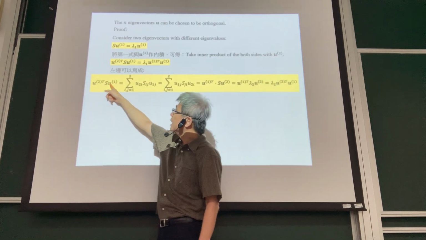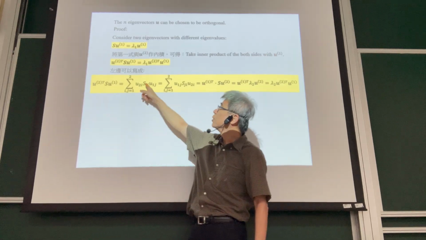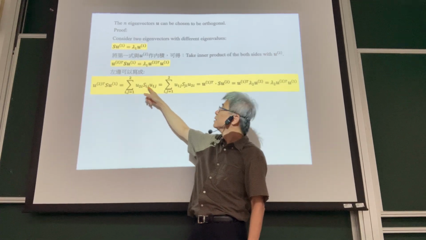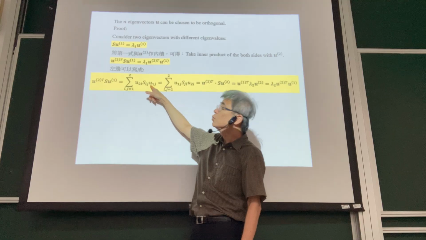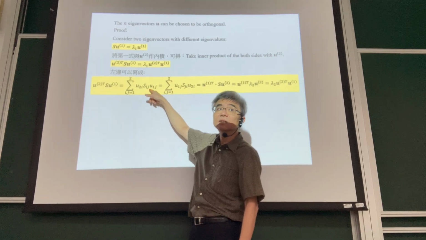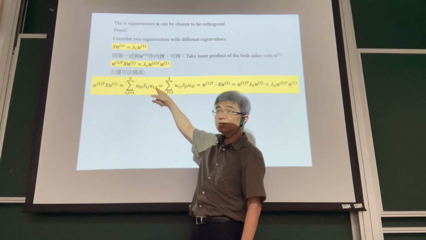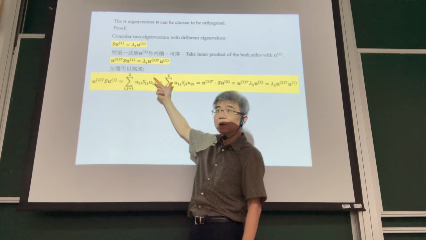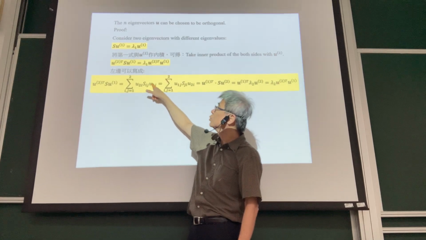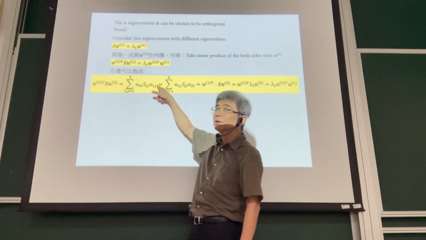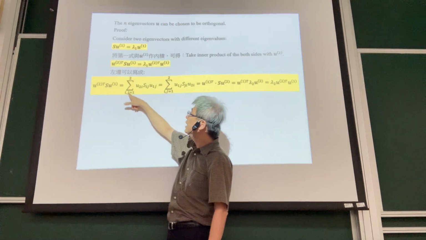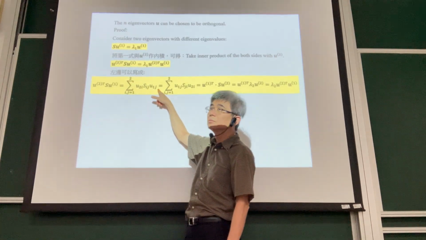Now, S times U1 will be equal to Sij times U1j. U1 means it's the first set, and j is the j-th component. j could be 1, could be 2, so this is U11, U12, and we sum over j from 1 to 2.